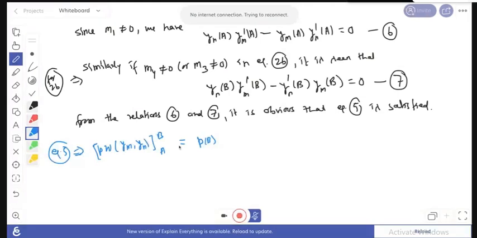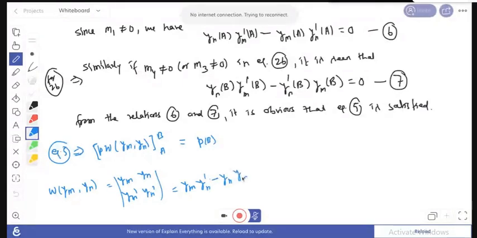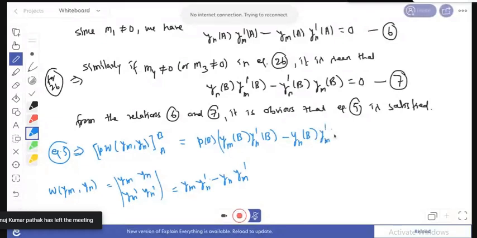The Wronskian of yn and ym is yn ym prime minus ym yn prime. So if we put the value b here, this is ym(b) yn prime(b) minus yn(b) ym prime(b).